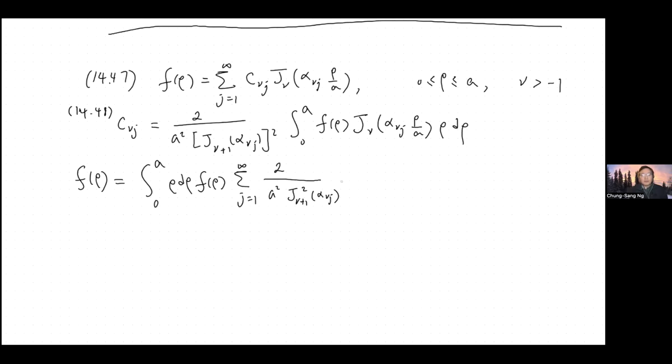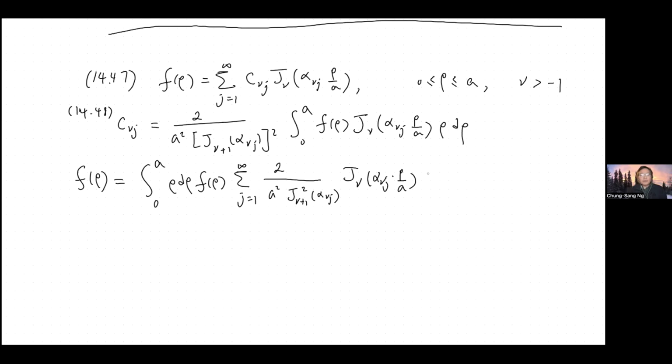So J nu of alpha nu j rho over a, right? And then you have this J nu, right?